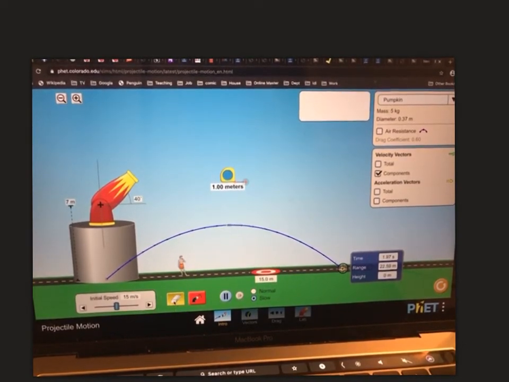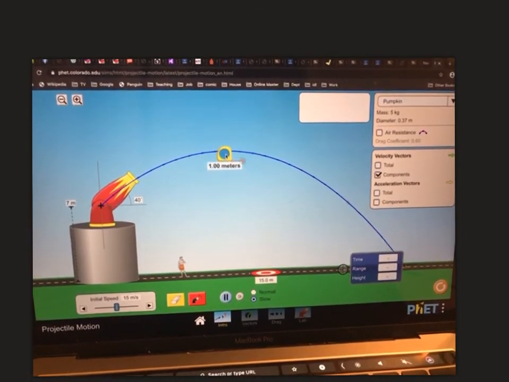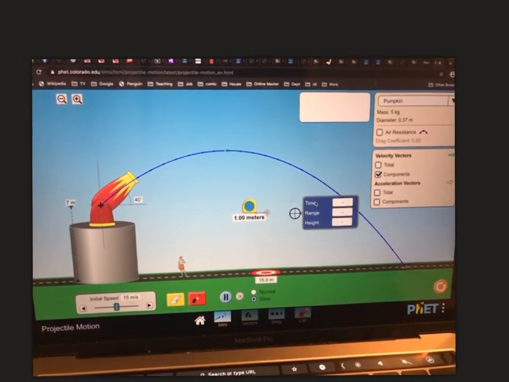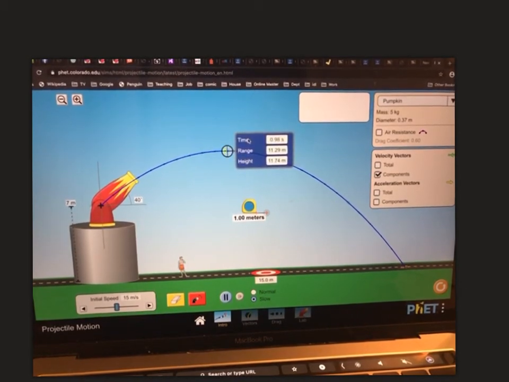So let me erase this, and we're going to launch again. So let's see, that's the measuring tape. I don't want the measuring tape. I want my timer here. There's a little green dot you might not be able to see that tells me max height.